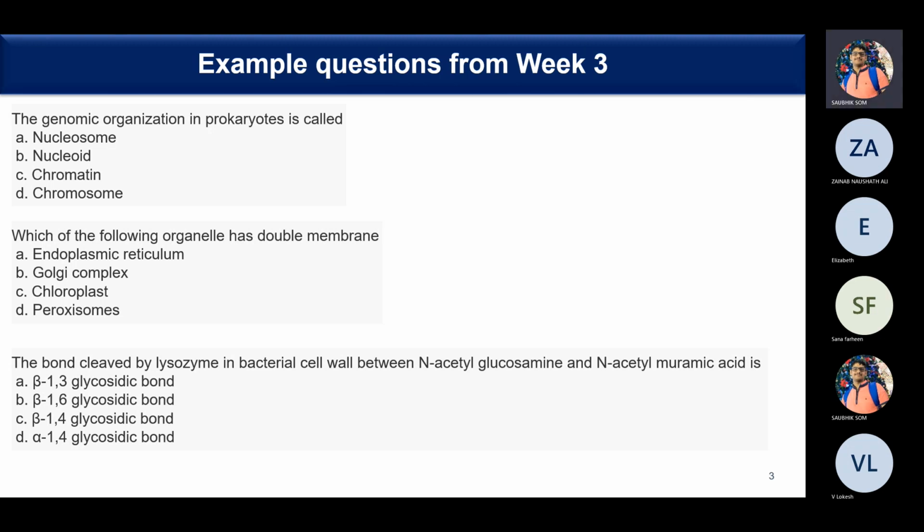No one is there. Fine. So basically, nucleosome is known as the structural unit of the DNA. So nucleosome is kind of like packed.